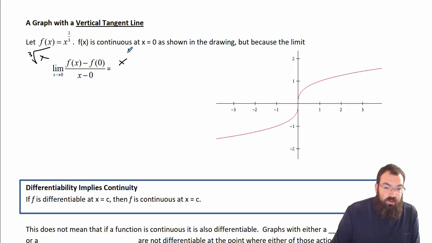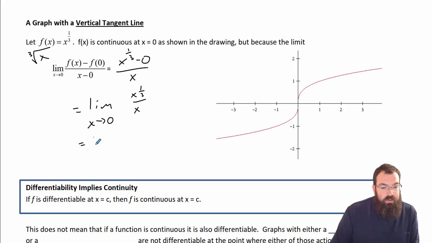It's x to the 1/3 minus 0 over x, which is equal to the limit as x approaches 0 of x to the 1/3 over x. Now I can reduce this a little bit and I get 1 over x to the 2/3, which is equal to 1 over 0, which is undefined.